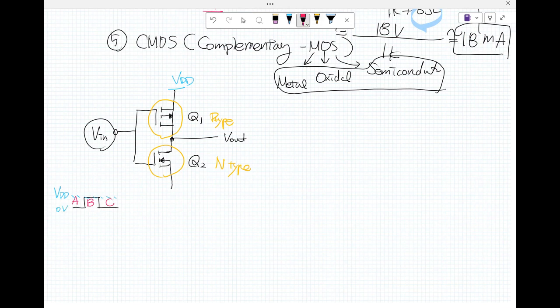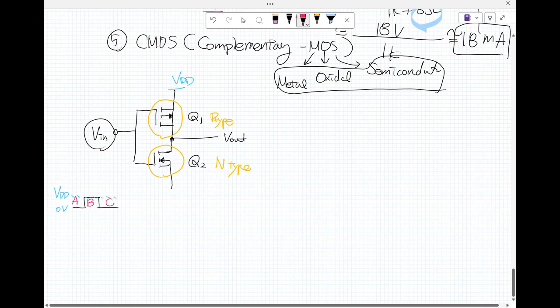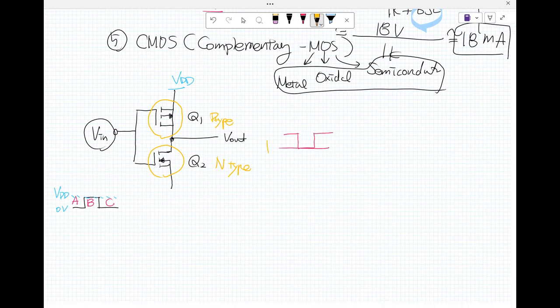So the output should be the inversion like this one. 0 volt, V sub DD. Okay.